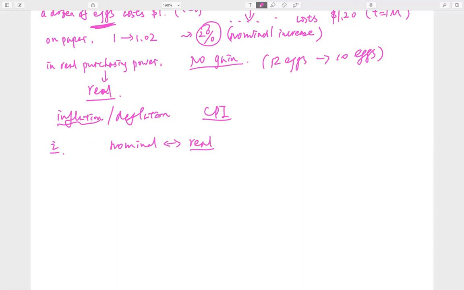The real interest rate is the interest rate that removes the inflation part. So here, if this is the nominal interest rate and I set the real interest rate to be i with a subscript real, then what we have is 1 plus i equals 1 plus the real interest rate times 1 plus pi. So what is pi? Pi would be the inflation rate.